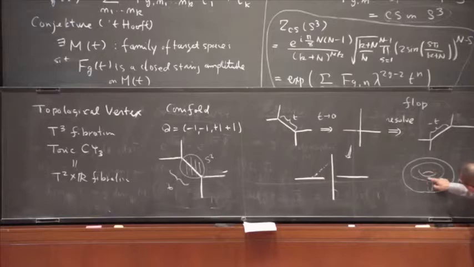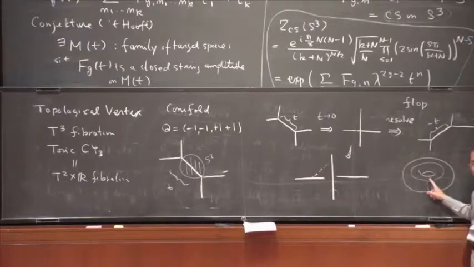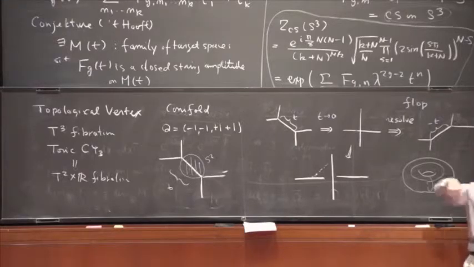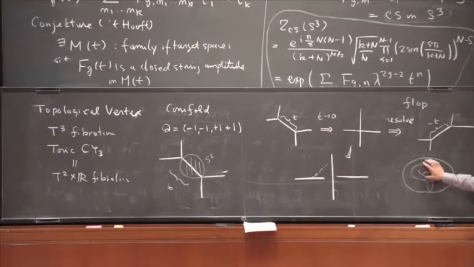But this cycle can be shrunk to a point. You cannot shrink this cycle to a point going inside of the torus, right? So you can cut the donut in this direction, but not in this direction. But you can actually shrink this cycle to the outside of the torus, right?